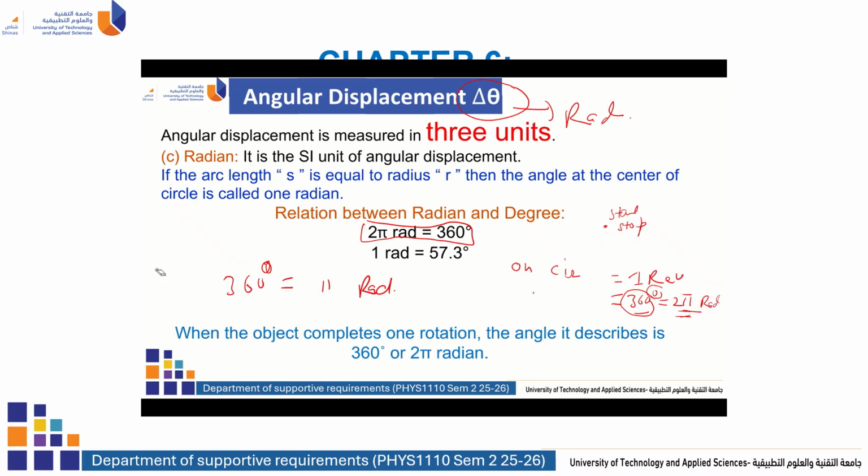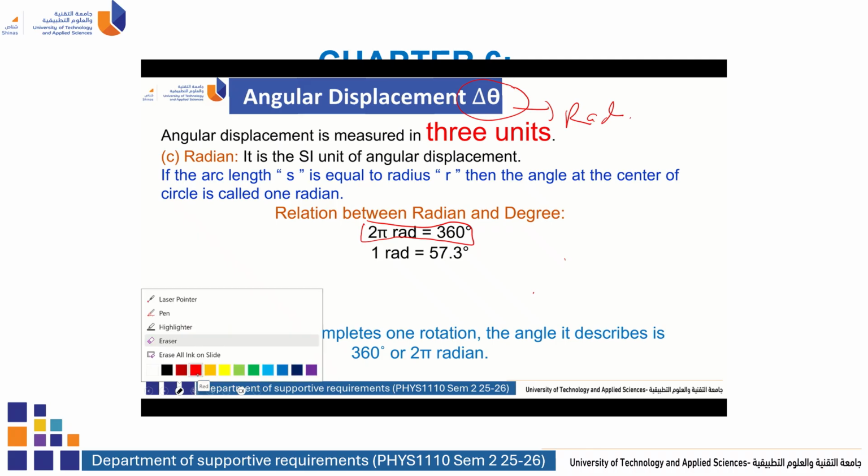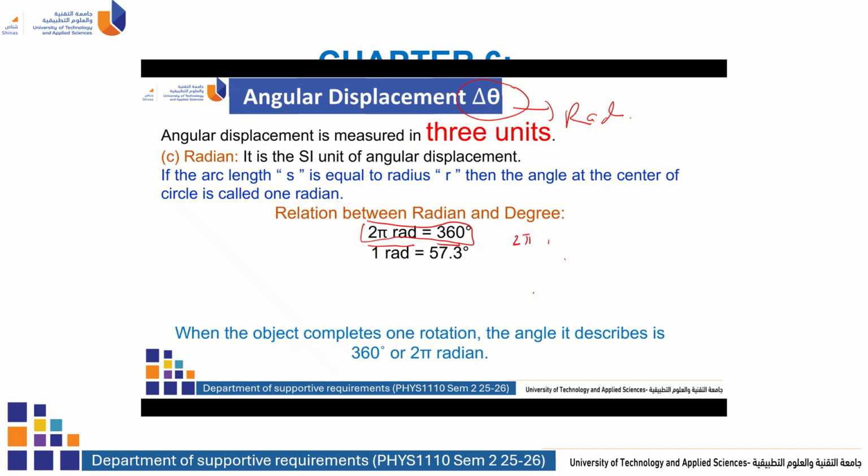If I calculate further to make it a smaller number, we know 2 pi radian is equal to 360 degrees.